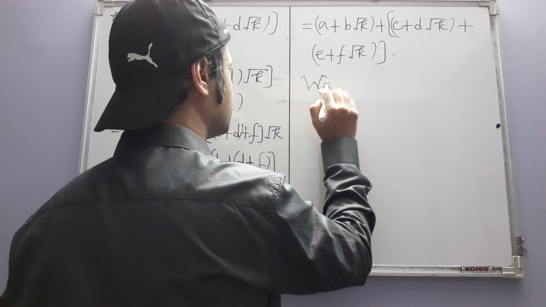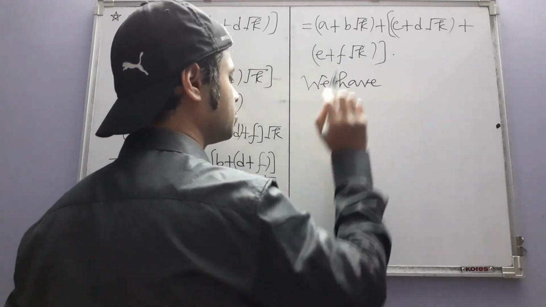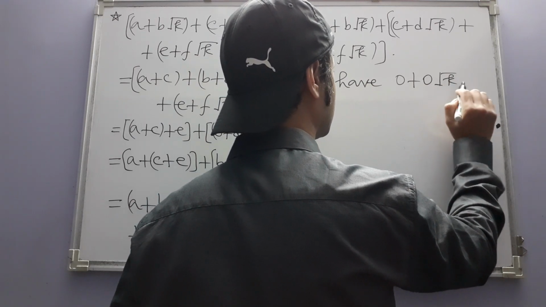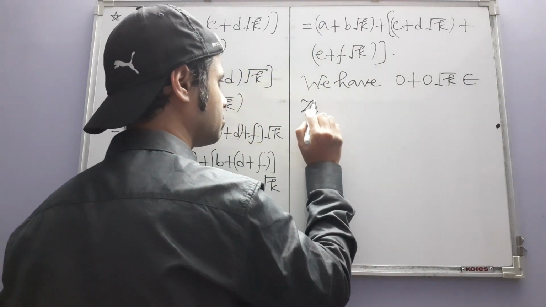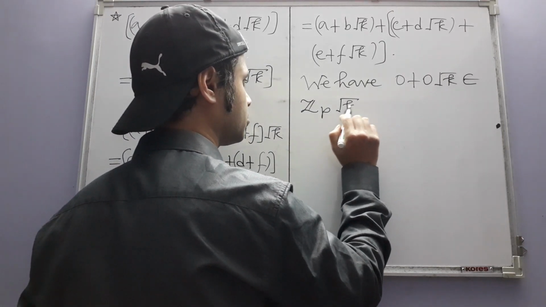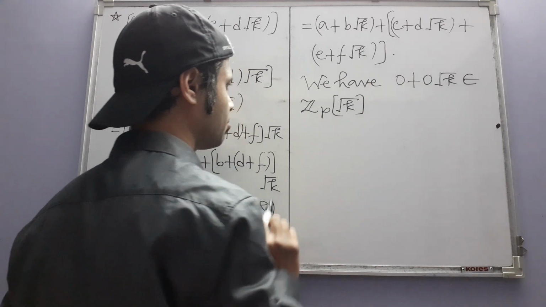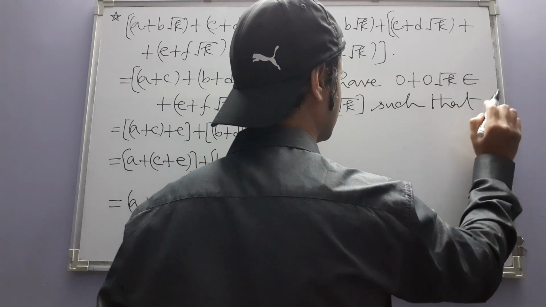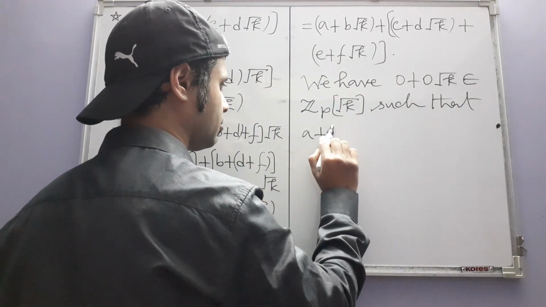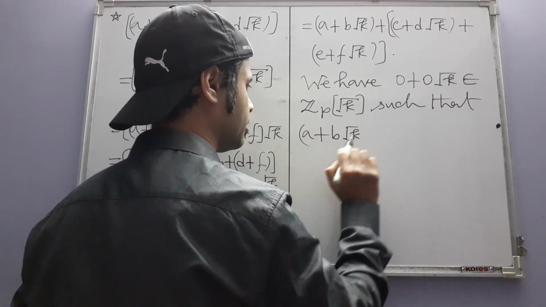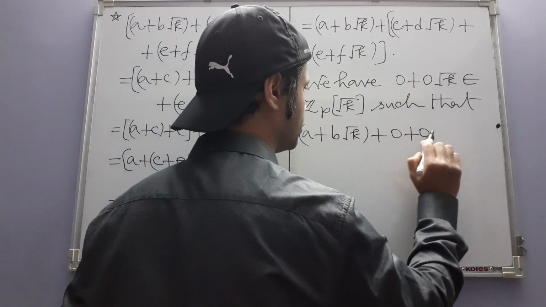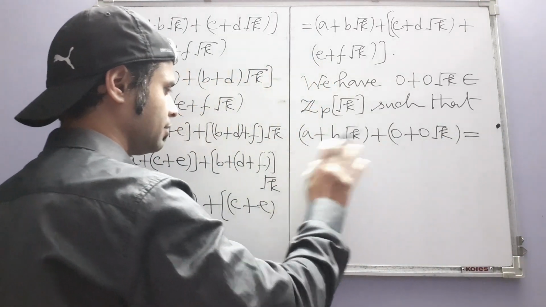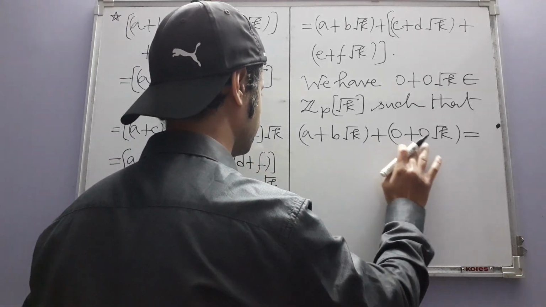We have zero plus zero k belonging to our set, 0 plus 0 root k, such that a plus b root k plus 0 plus 0 root k is equal to, let me finish writing this, then I want to say something about this element.